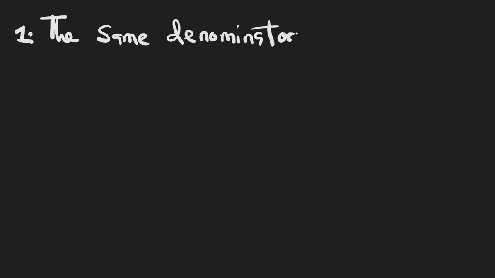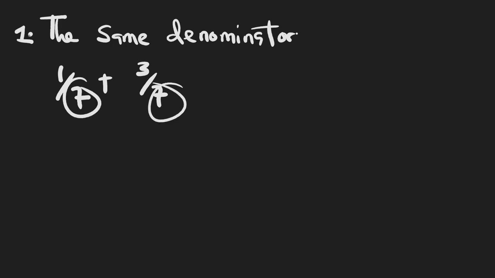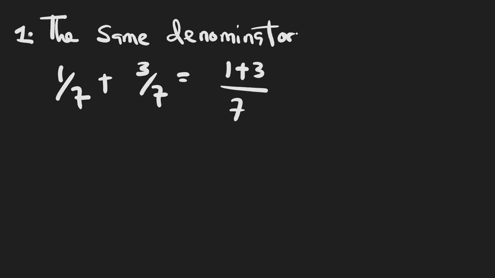So for example, when you have 1 over 7 plus 3 over 7, you can see that the denominators are the same. Since the denominators are the same, we'll simply add the numerators. So it will be just 1 plus 3 over, then carry one of the denominators, which will be 4 over 7. Simple. So whenever you're adding fractions that have the same denominator, just add the numerators.